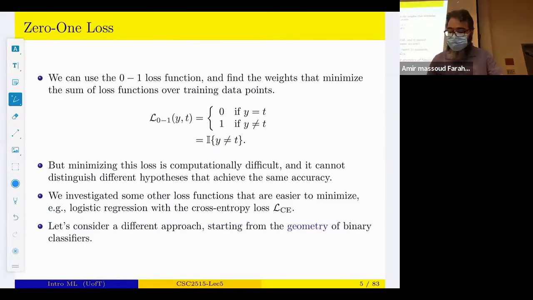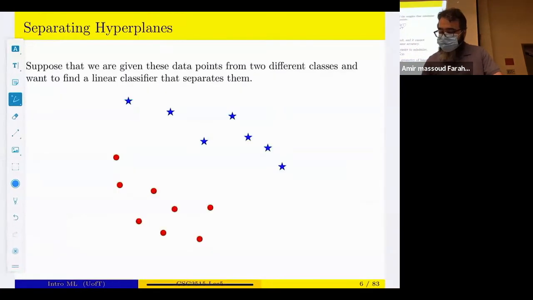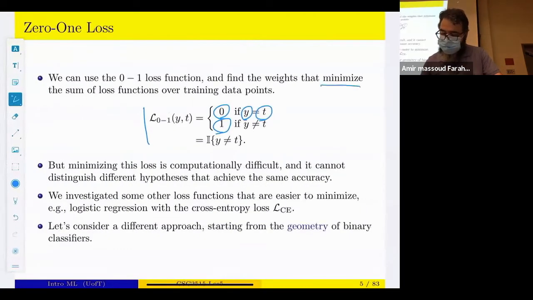When the prediction is the same as the target, there's no loss. Otherwise, there would be a loss of 1. Then we said to find weights that minimize the sum of the loss function over the training data points. That's the goal, but it was computationally difficult.